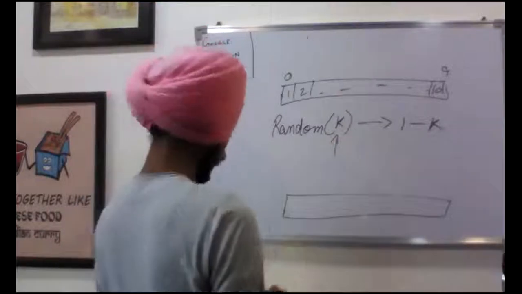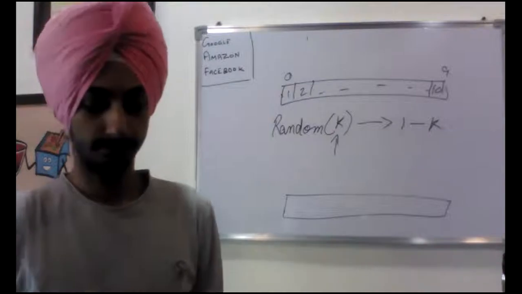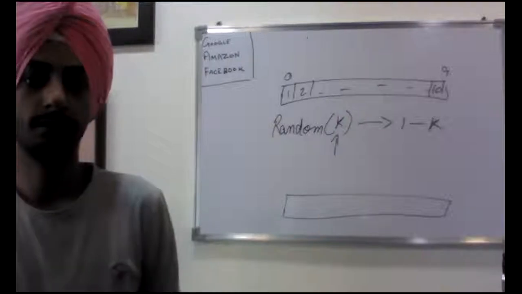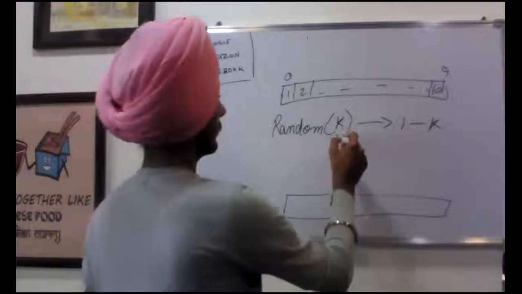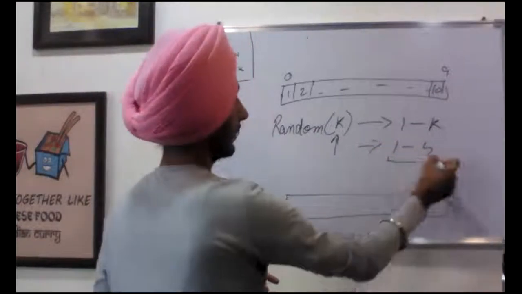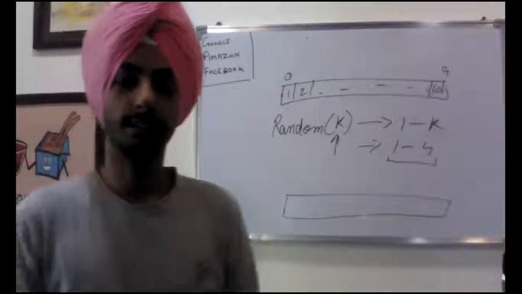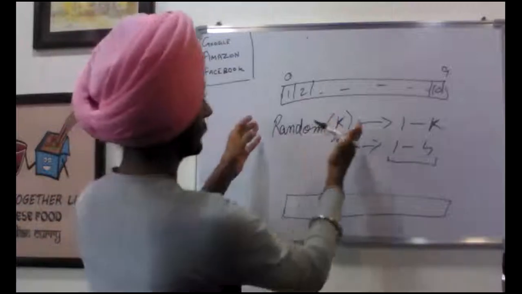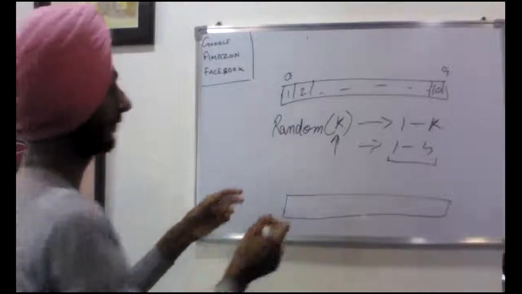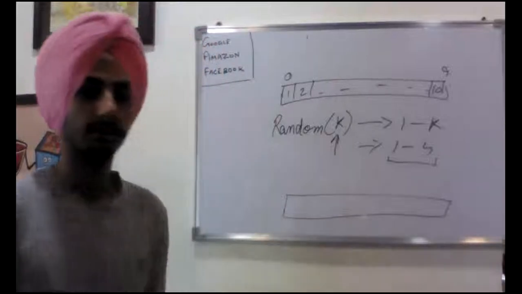If k is 4, this random function will keep on generating numbers between 1 to 4. But I won't use that because I need numbers between 1 to 10 initially. So I'll choose k equal to the size of my array, so that whatever number this generates, I can fill that particular number in my first index.